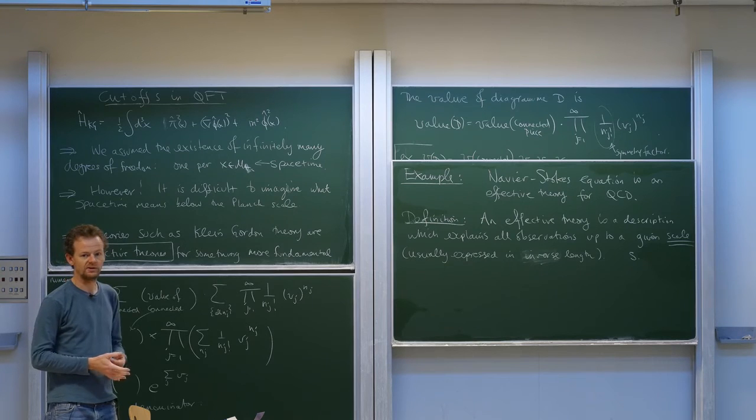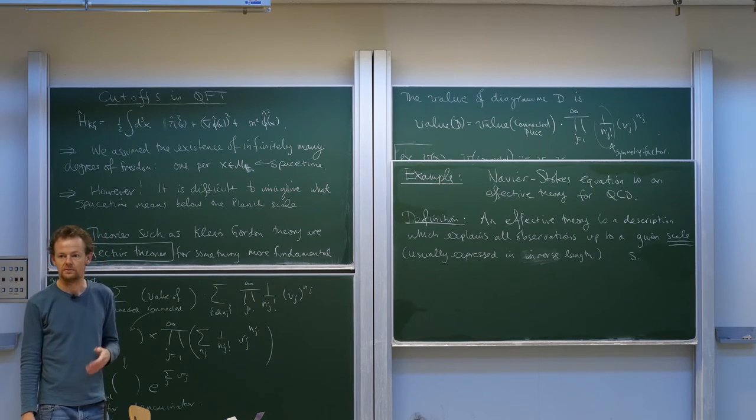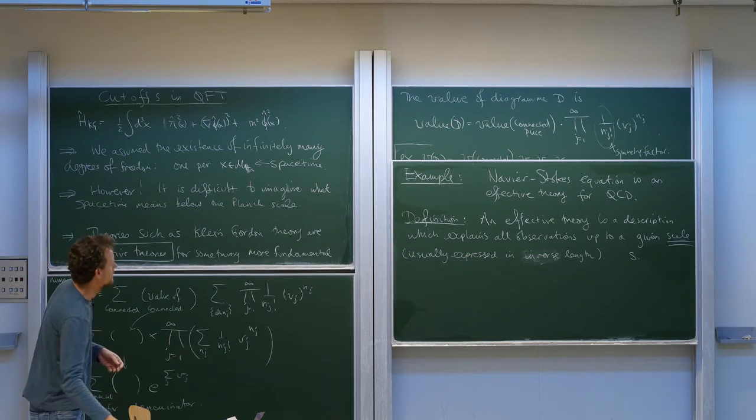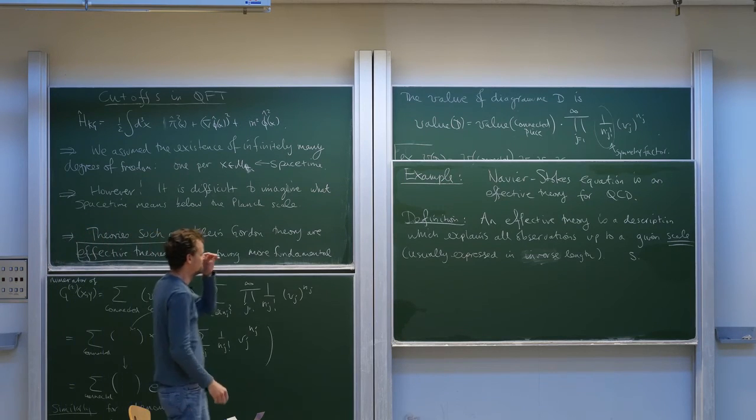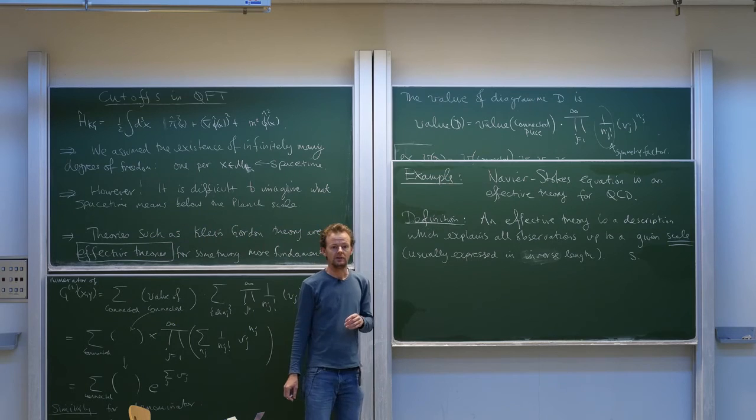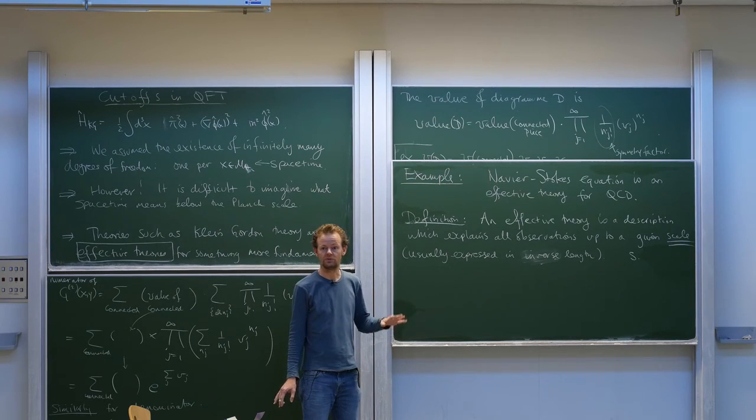So Navier-Stokes works down, well, you could hope, to the Compton wavelength of water. So as long as your experiment is on, say, the micron scale, then the Navier-Stokes equation is a good description for every observation that you can make of your system.